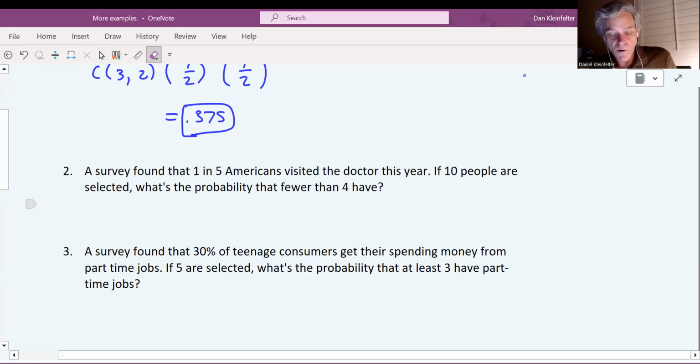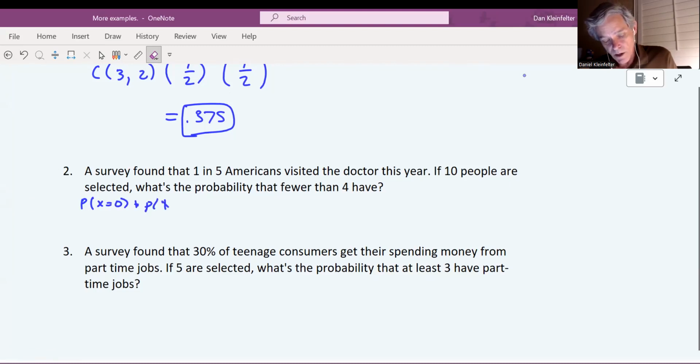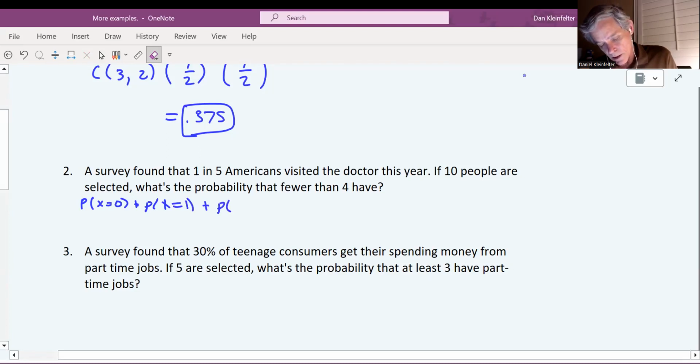So fewer than 4 would be 0, 1, 2, or 3. So we would need to find this probability a few times. Probability of X being 0, probability of 1, probability of 2, probability of 3.